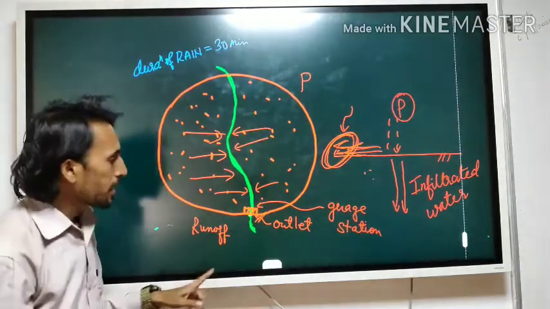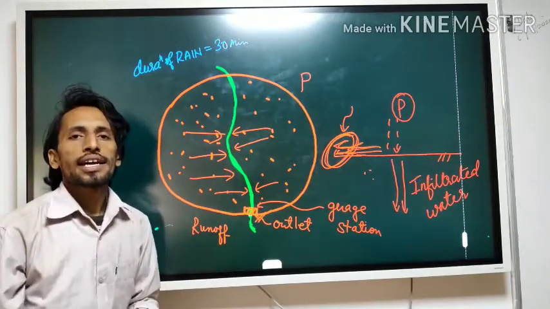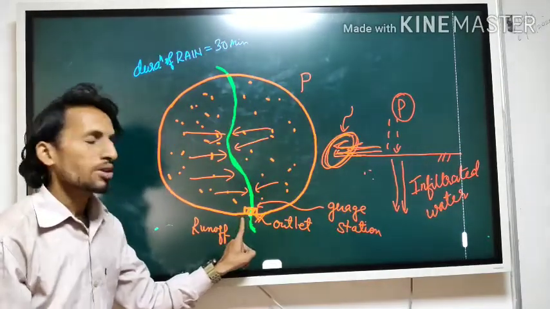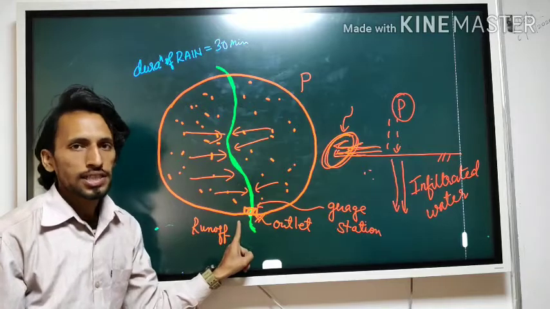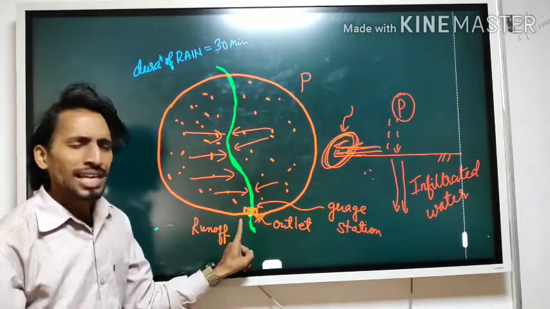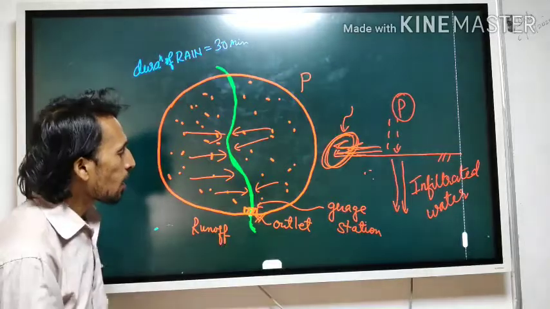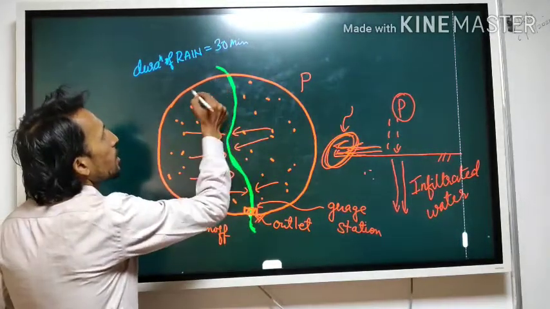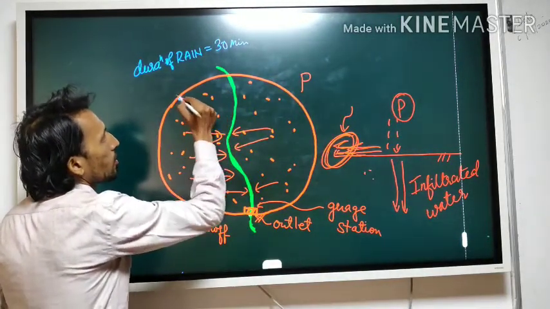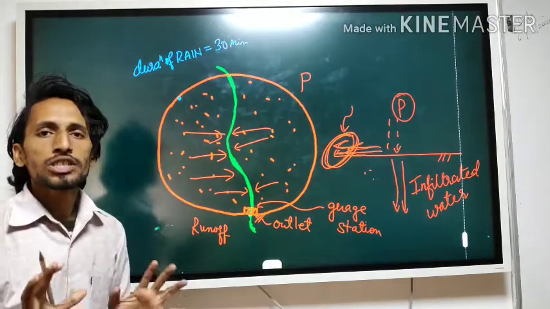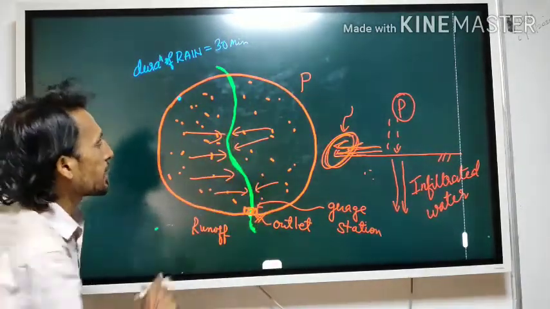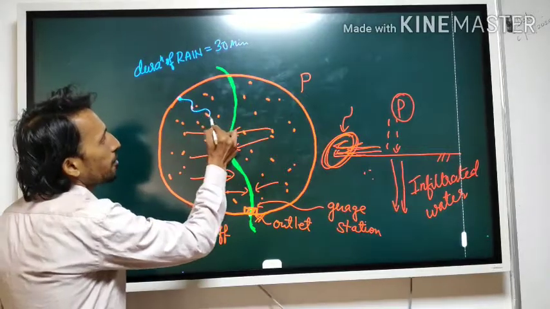So what will happen? You are recording runoff at this outlet or at this gauge station. Then there is some possibility that the water which is here, which is the farthest point in this catchment area, has to travel like this.